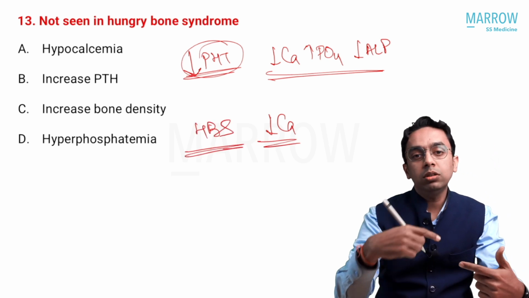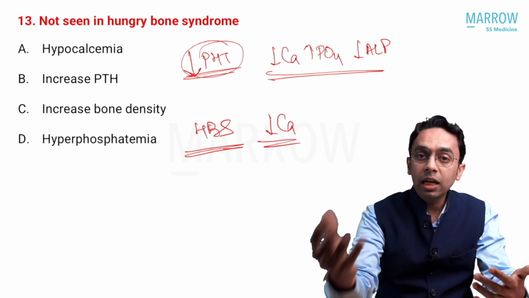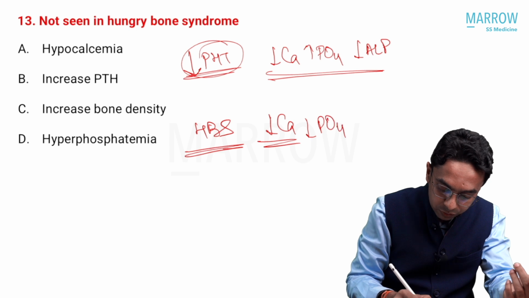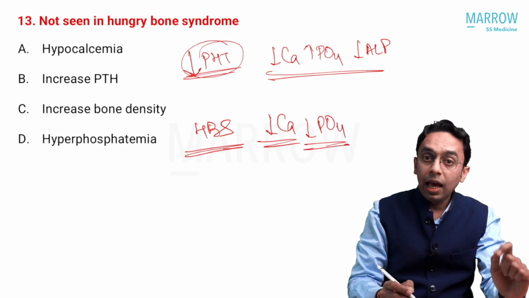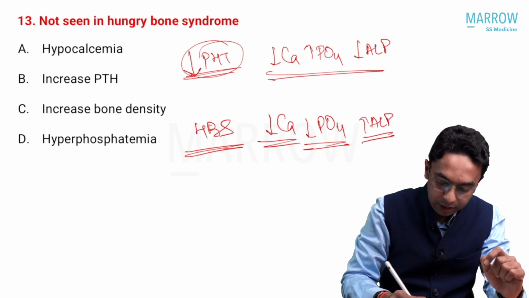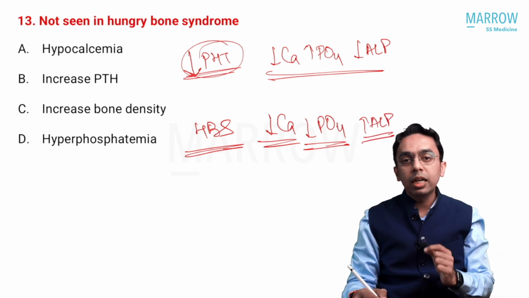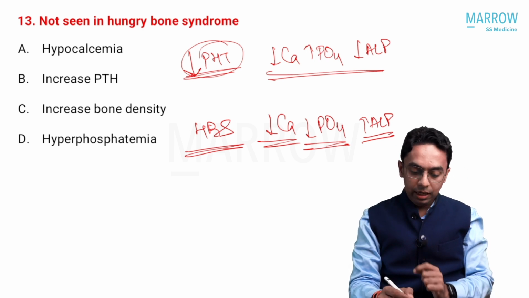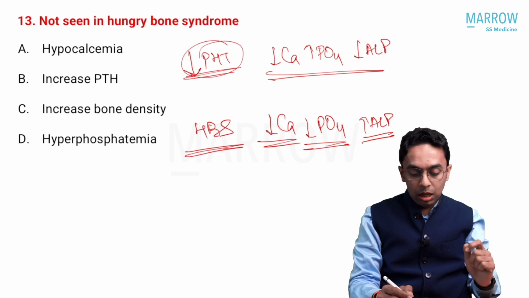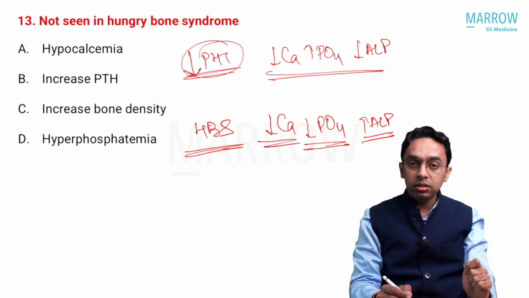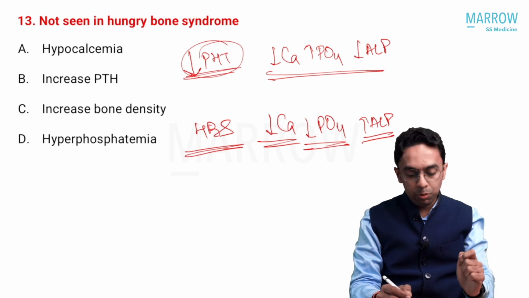But because there is bone formation, it will take up the calcium as well as the phosphate, so the phosphate will also decrease, and the ALP will increase. This is the basis of hungry bone syndrome. So low calcium, low phosphate with a high ALP is hungry bone syndrome. Low calcium with a high phosphate and a low ALP is post-operative hypoparathyroidism.